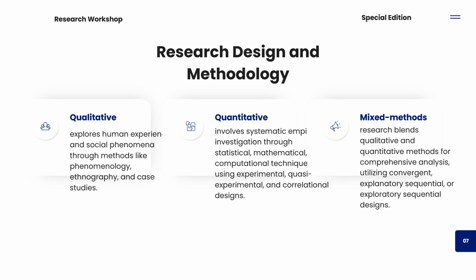So for qualitative, this is for those of you in the social sciences, in arts, any field basically that has to do with understanding human experience. If your research is going to be encompassing understanding human experience, studying certain philosophy, phenomena, or you want to do an ethnographic study, or you want to look at case studies, this is the methodology you'll be using, qualitative.